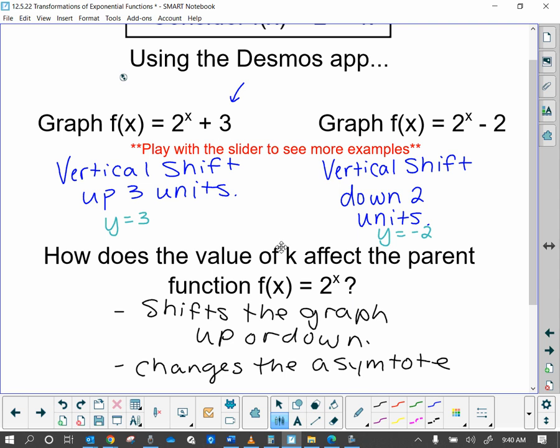Okay, so if it's a big number at the end, that's going to shift the graph how? Up or down, depending on if it's positive, it's going up. If it's negative, it's going down.